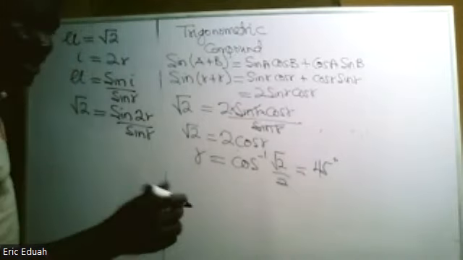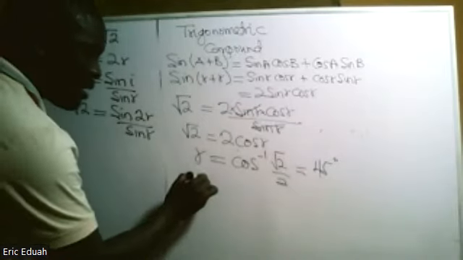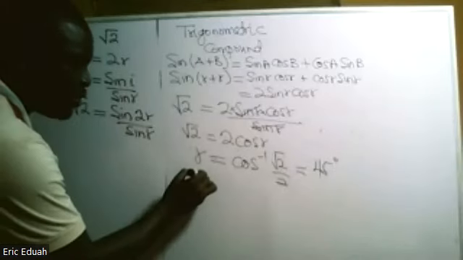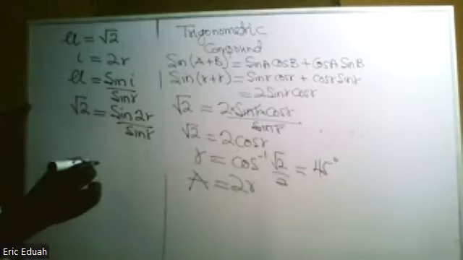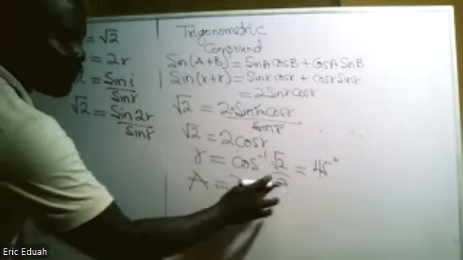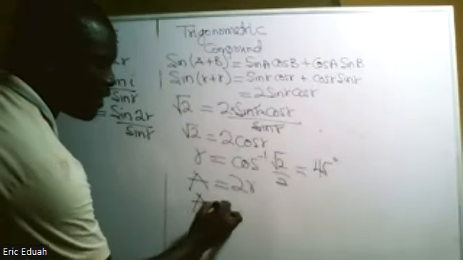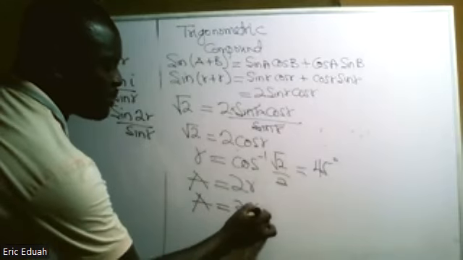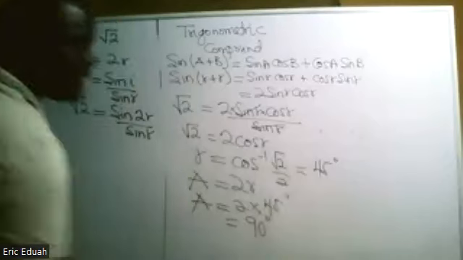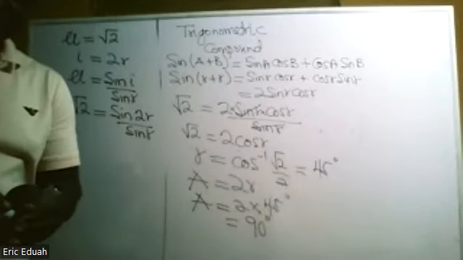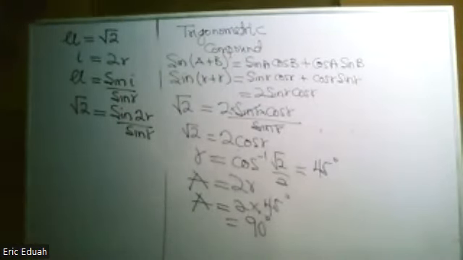So it means that at minimum deviation, A is equal to 2r. So if r is 45, then the angle of the prism will be equal to 2 times 45 degrees, which is 90. So the angle of the prism is 90 degrees.